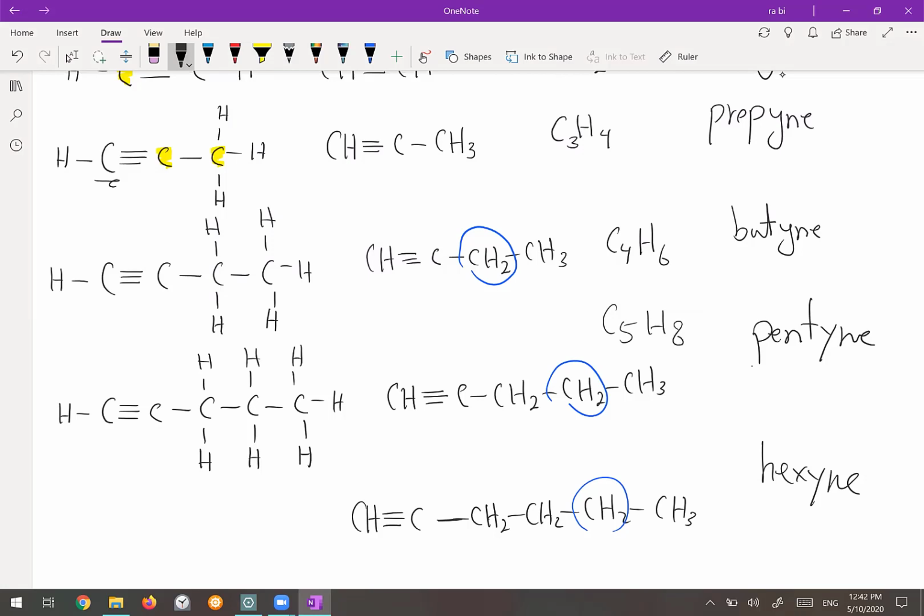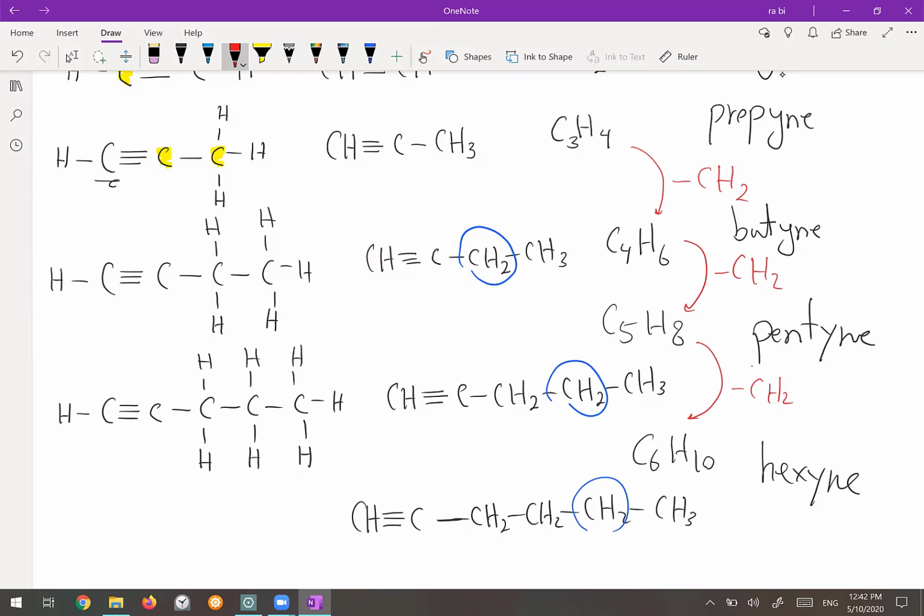For hexyne, it is C6H10. So you can see for each one of them, the difference is CH2, 1 carbon, 2 hydrogens. So this shows that they belong to the same group of organic molecules, which we call the alkyne homologous series.